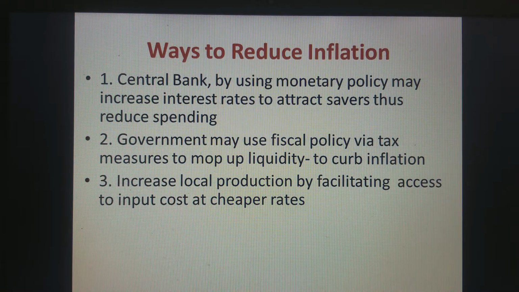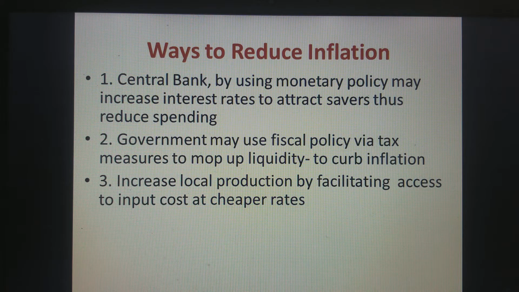Number 3 is increase local production by facilitating access to input costs at a cheaper rate. Let me say that again. Increase local production by facilitating access to input costs at a cheaper rate.